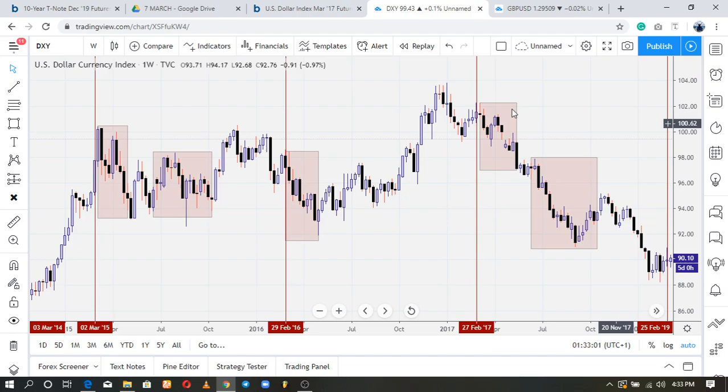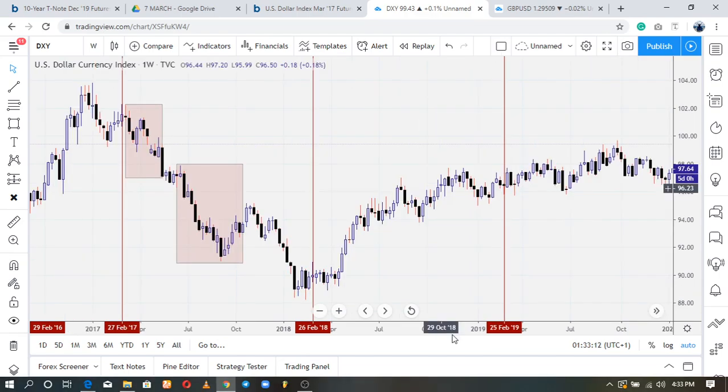And now this was a bullish year. If this is a bullish year, we're looking for the lows to come in around August. So this was around the August time period, where we had another seasonal low, then price rallied into the end of the year.